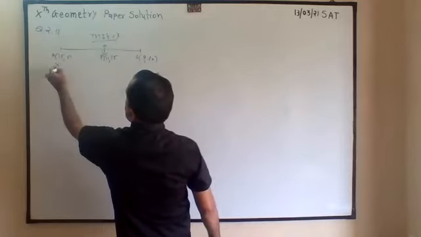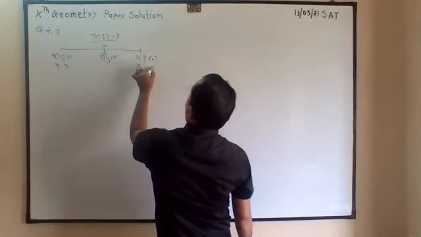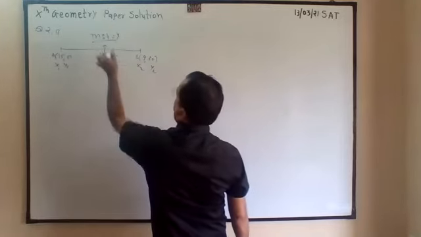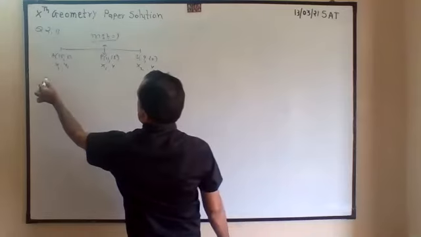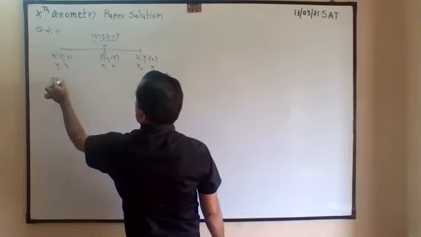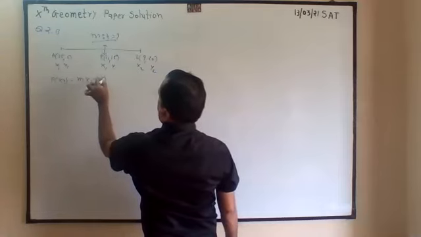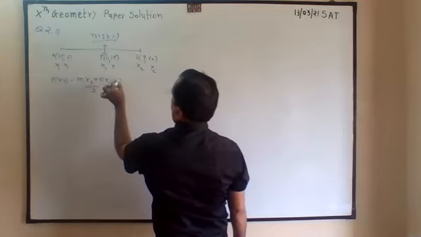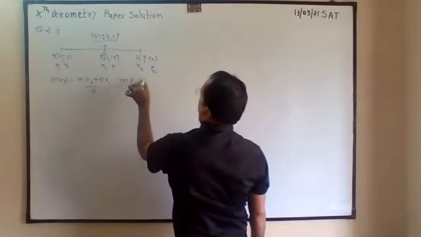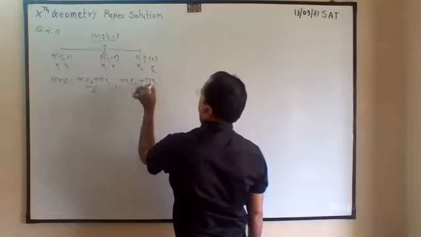So this is x1 y1, this is x2 y2, this is xy, this is m:n. So P(x,y) original formula is (mx2 plus nx1) divided by (m plus n), (my2 plus ny1) divided by (m plus n).